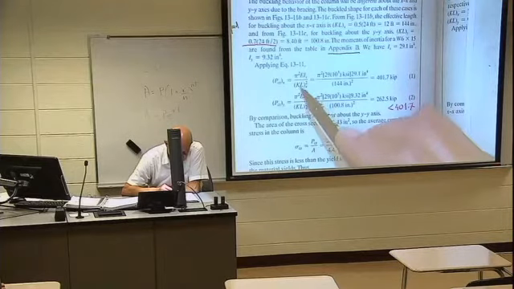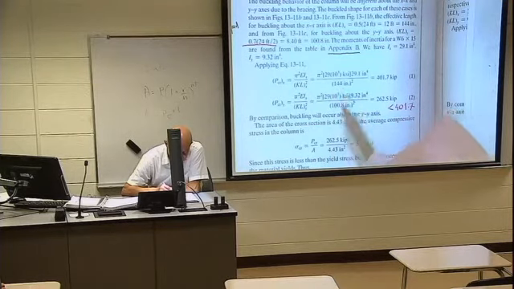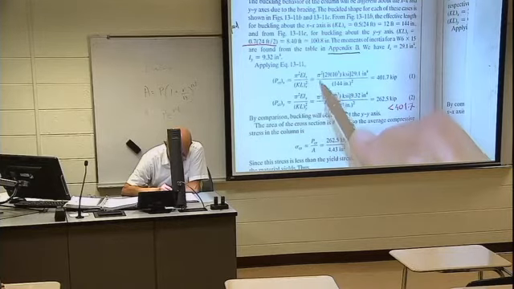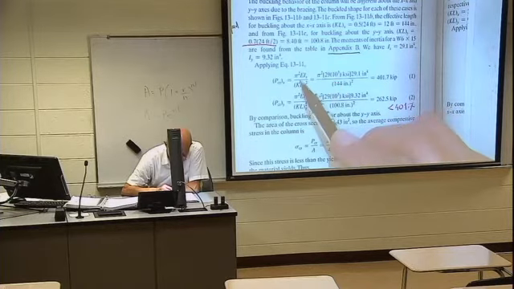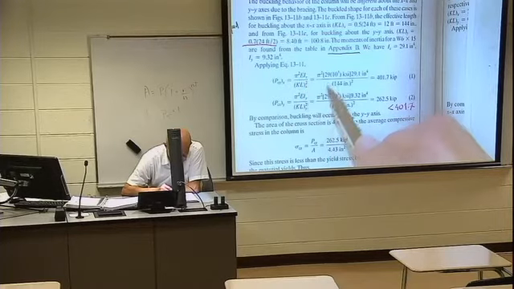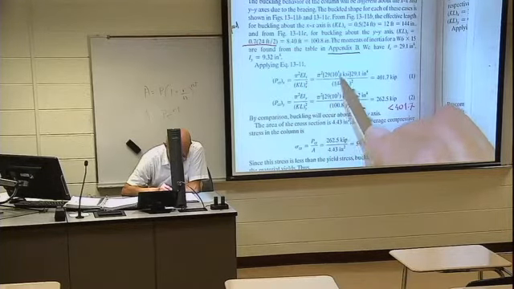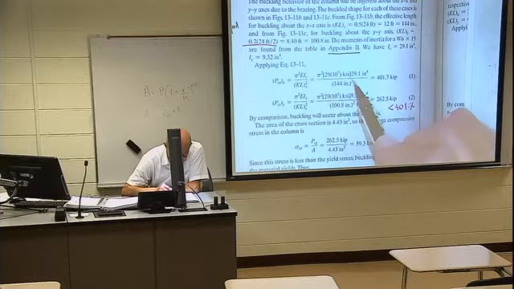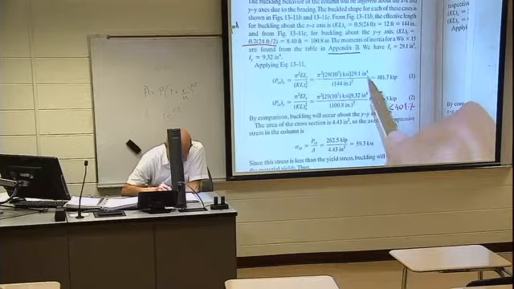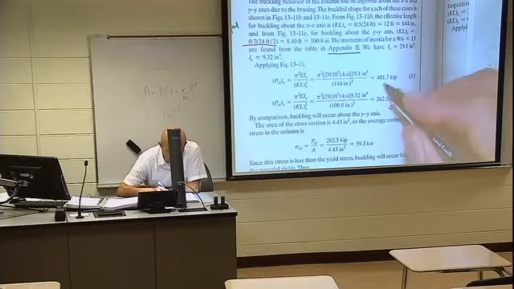So we calculated this was 144 inches, so here we will have 144 inches squared. Here pi squared, E, sorry, elastic modulus, 29 times 10 to the power 3 KSI, and then Ix equals 29.1 inch to the fourth power, will be 4017 kips.